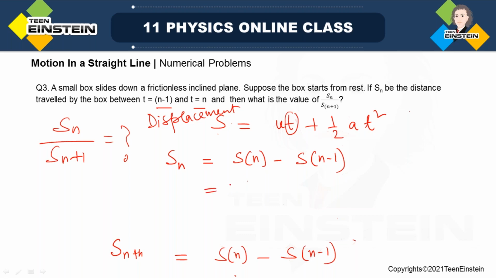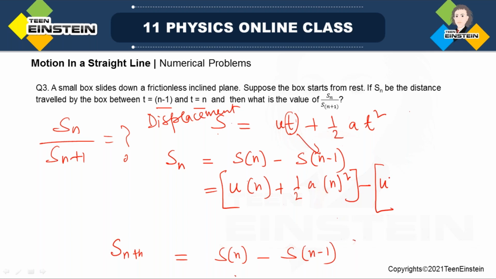So the formula is ut plus half a t square.